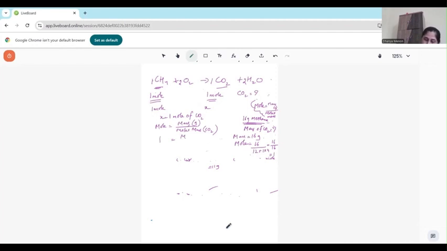Molar mass: carbon is 12, oxygen is 16, so 12 plus 16 times 2, which is equal to 44. So 1 equals mass over 44. So mass is equal to how much? 44 grams. This is how you find it from the equation.